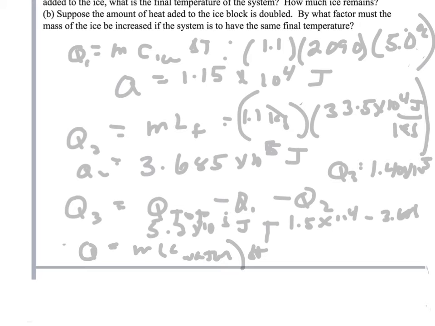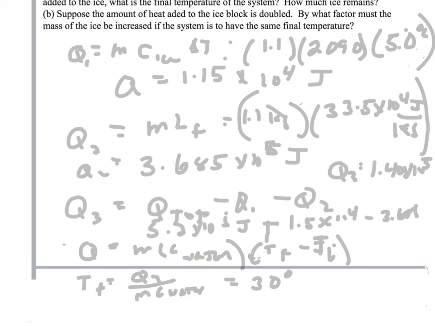So when we rearrange this equation, I'm going to cross this off and put that as our T final minus our T initial. So our equation for T final is Q3 divided by the mass and the specific heat of water. So that gives us a temperature of 30 degrees Celsius.